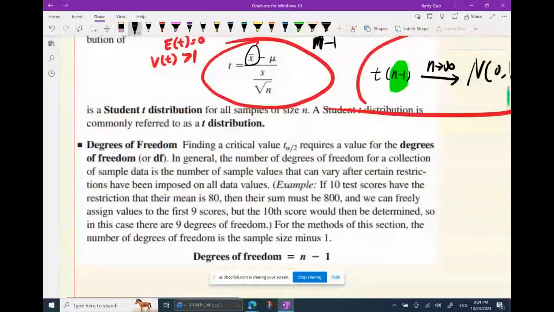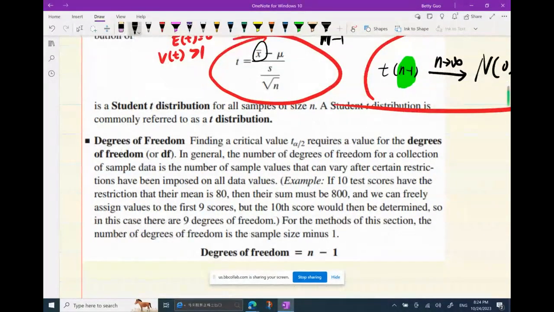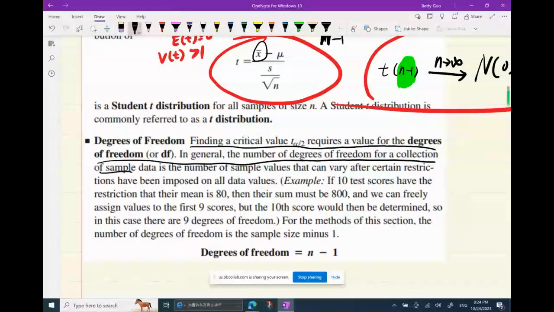We have a paragraph to explain the degree of freedom. Finding a critical value requires a value for the degree of freedom. In general, the number of degrees of freedom for a collection of sample data is the number of sample values that can vary after certain restrictions have been imposed on all data values.